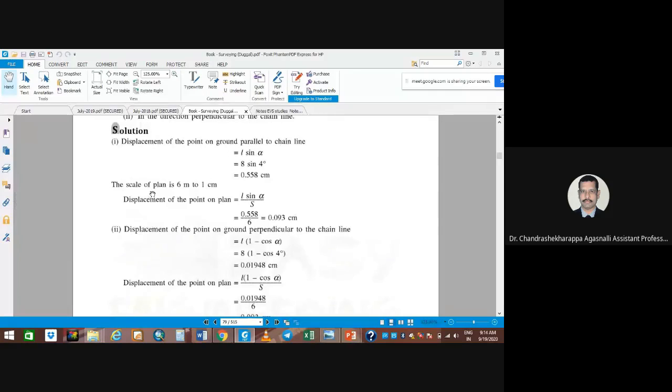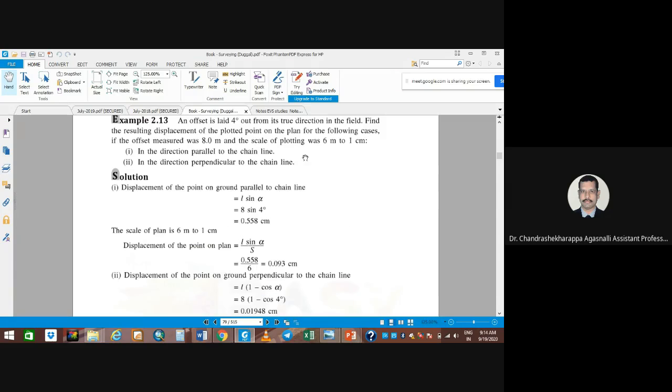Now, when the scale of the plan is 6 meters to 1 centimeter, the displacement of the point on the plan is L sin alpha by S. Here, when you are plotting, the scale is 6 meters.